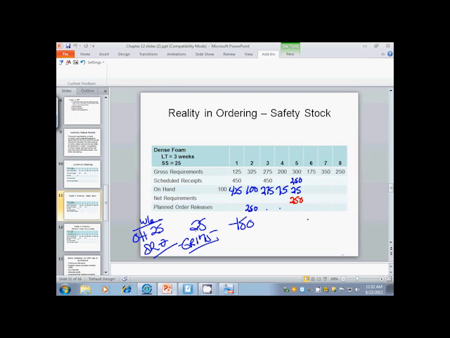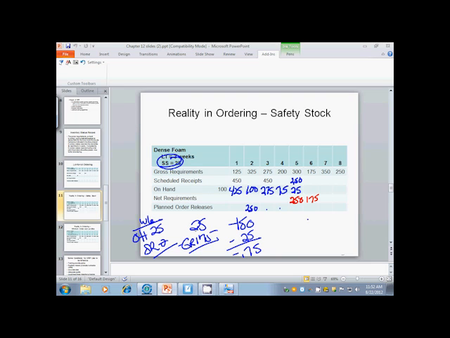But am I short 150 units? Now I have to take into consideration my safety stock. So subtract out another 25 and I'm actually short 175 units, which means my net requirements for week 6 are 175. My net requirement says I'm going to need to plan an order.